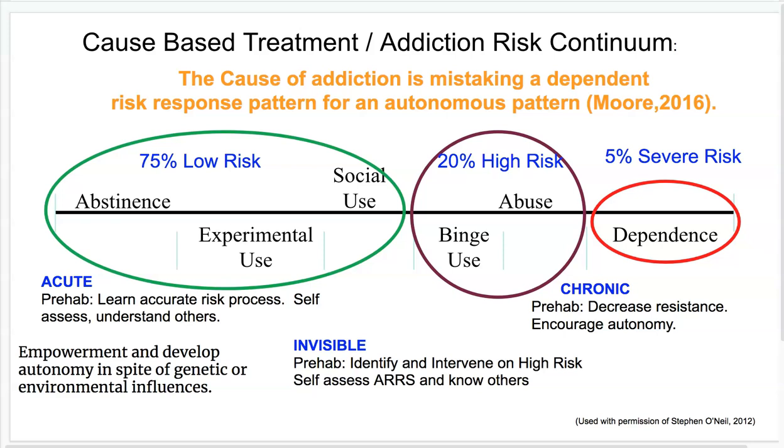So instead of talking about a symptom-based education program, prevention program, and treatment program, we get to talk about what to do with your own risk response process, how to self-assess that, and how to understand others, or how not to misunderstand others. It's also a way to identify the invisible.